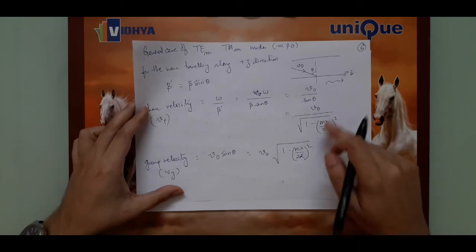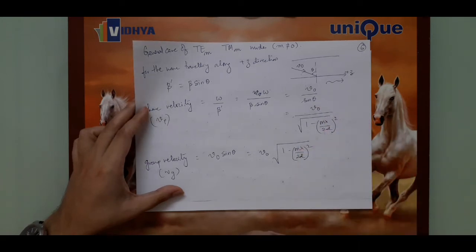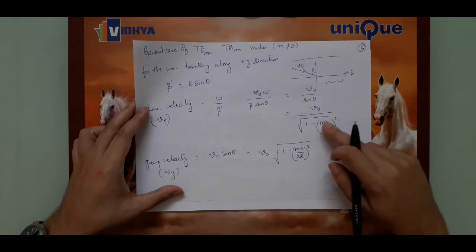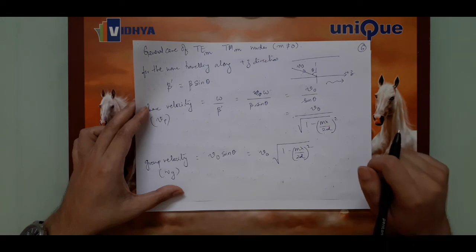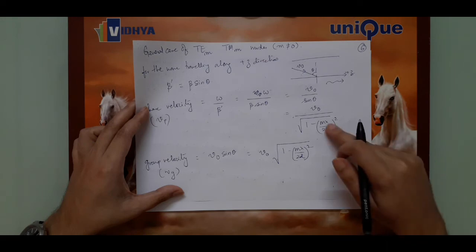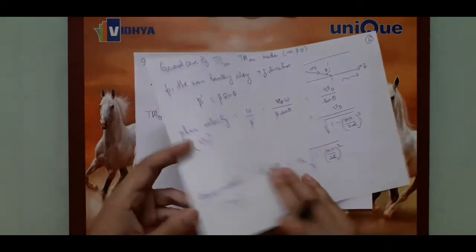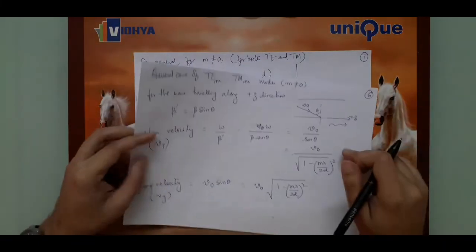The phase velocity looks like this and the group velocity looks like this. If I put m as 0, that is, I essentially come to the TM0 mode.